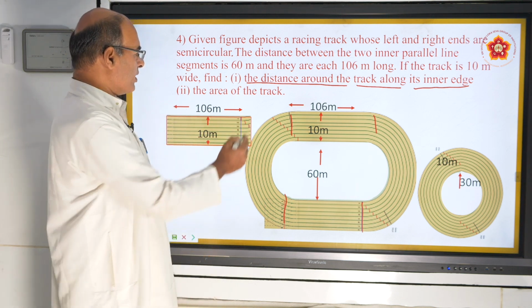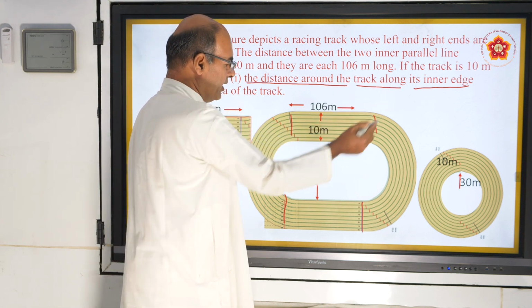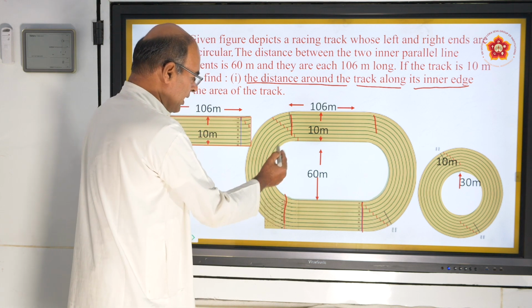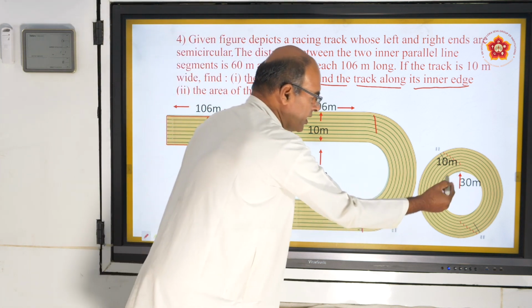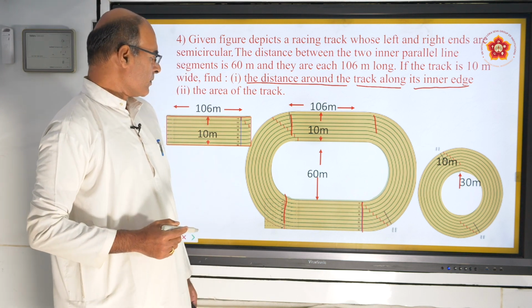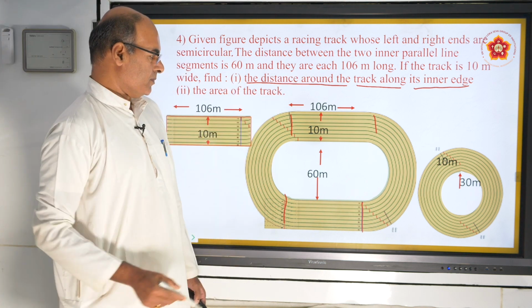So what we have to calculate is the distance around the track along its inner edge. This is 106 plus 106, plus the circumference of the inner circle. So that is the answer for the first question.